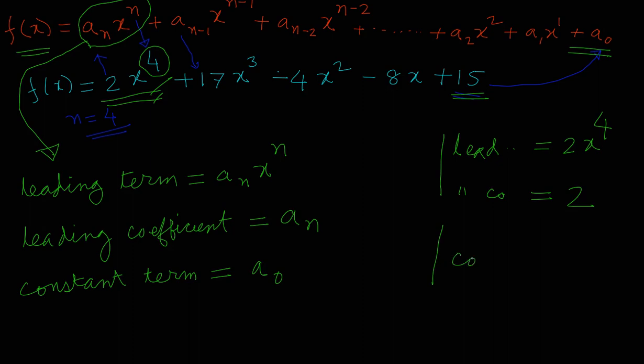Okay, so constant term is plus 15 for my example function. So this is basically a definition of any polynomial function, and from that definition we are seeing the leading term, leading coefficient, and also the constant term.